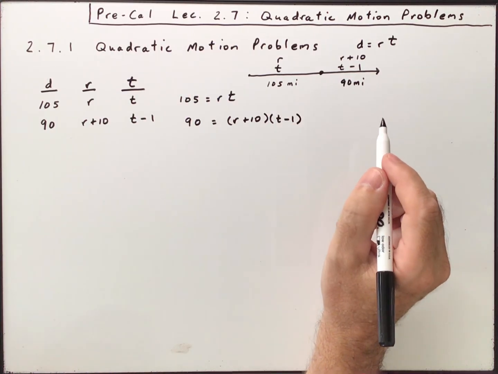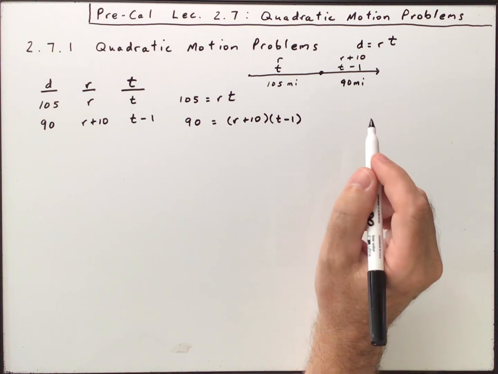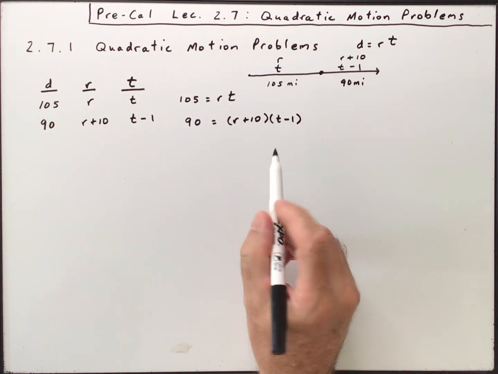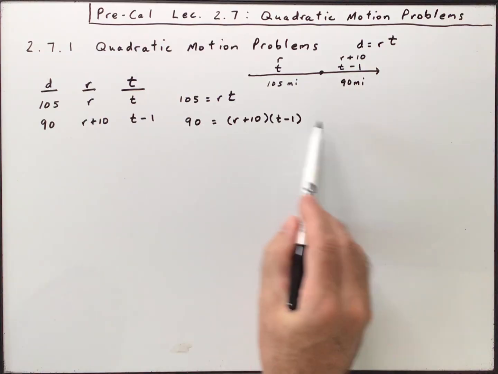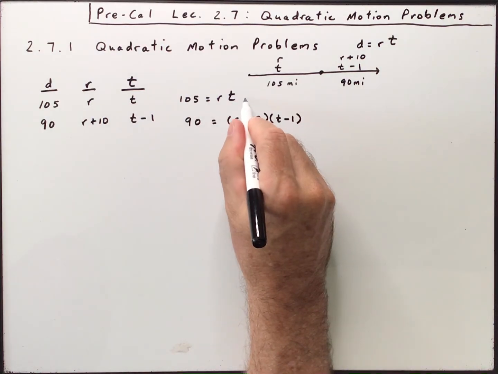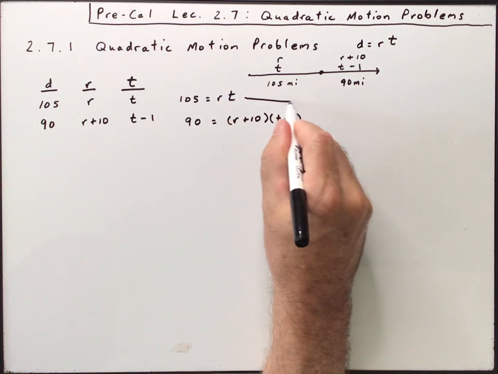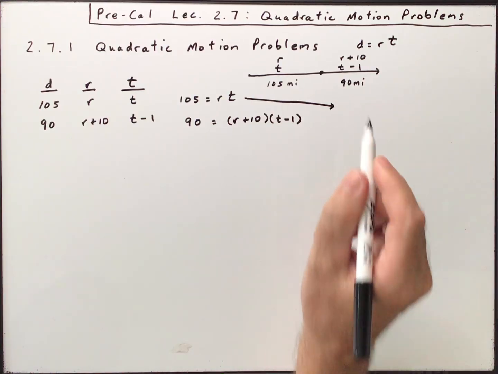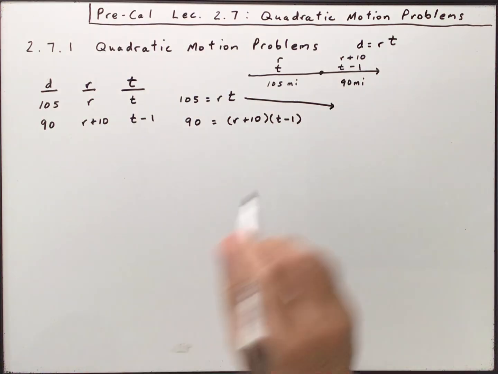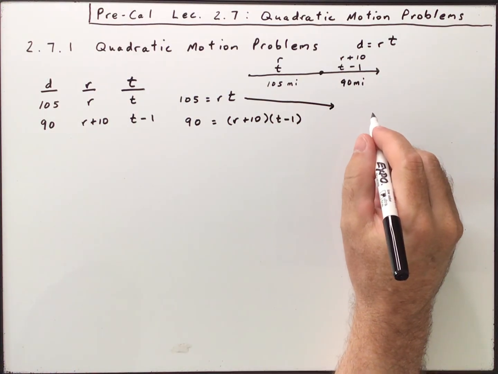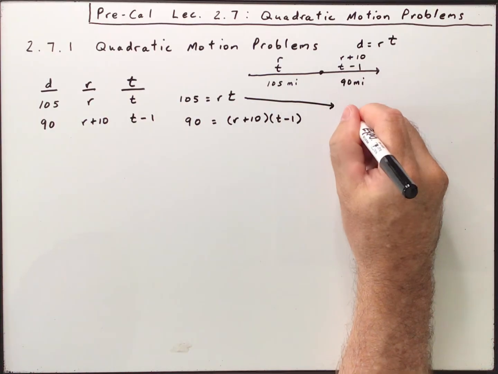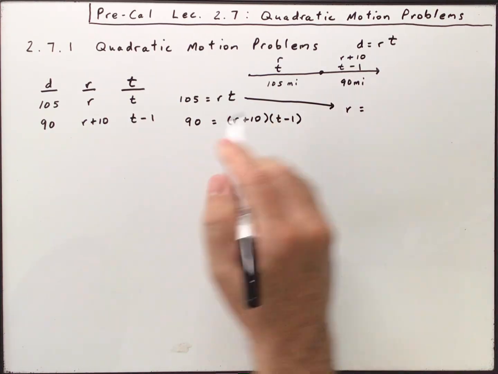Now what I want to do, I'm trying to solve for how long. I want to know t. So I would really like t's to be in the final equation. Otherwise, I'm going to have to make an adjustment at the end. So if we solve for r equals, so I'm going to rearrange this.